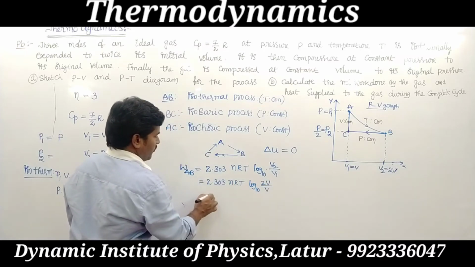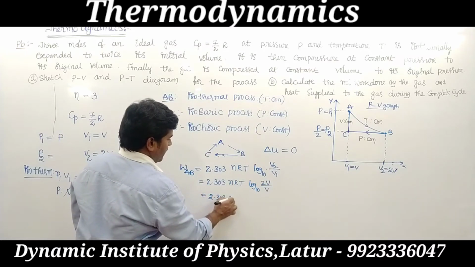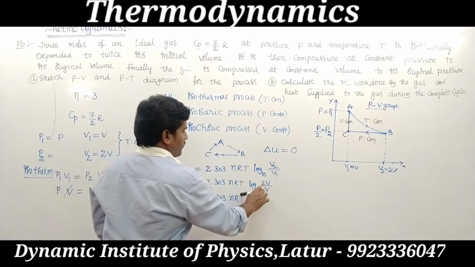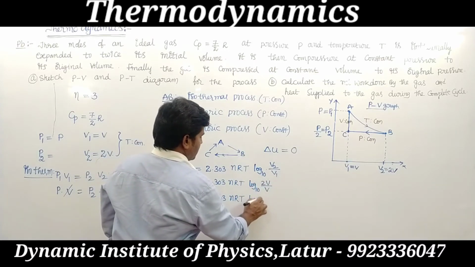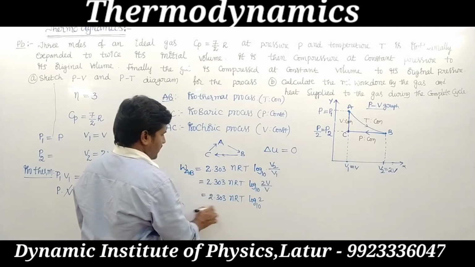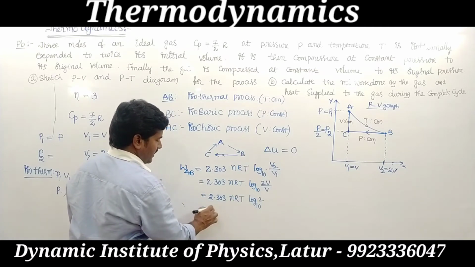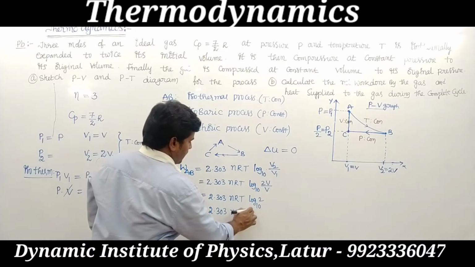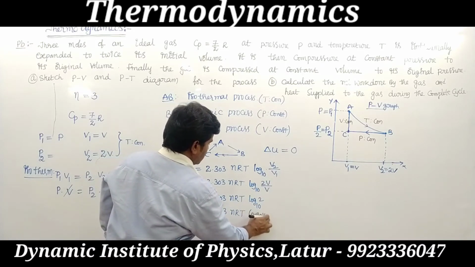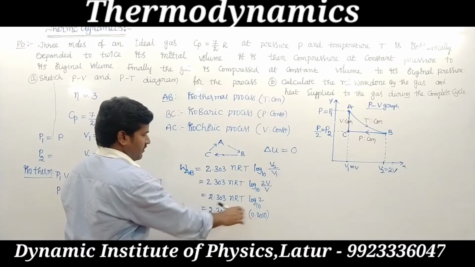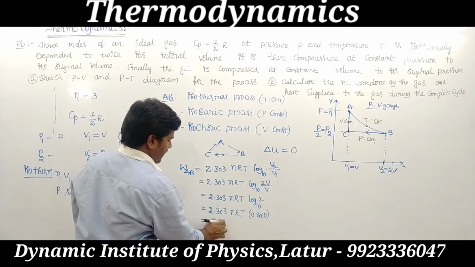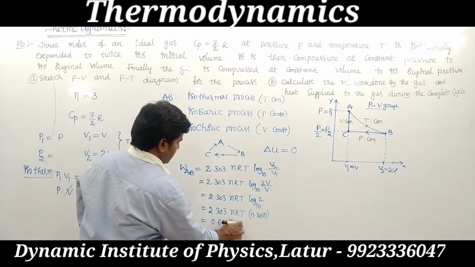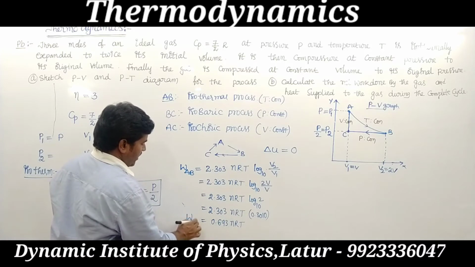So this is log 2 base 10, whose value is 0.301, times 2.303 nRT. Its value becomes 0.693 nRT. So the work done is positive.